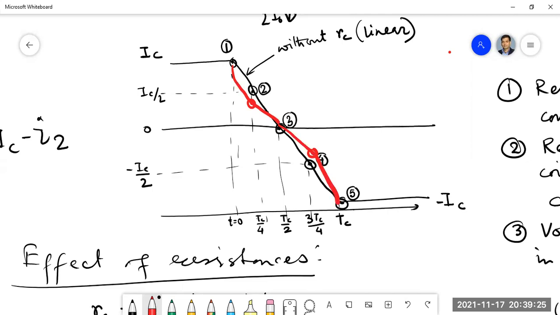Understood? So it is a totally non-linear nature. This is called the resistance commutation. Without considering RC, the commutation we were getting is called linear commutation. But if we consider the coil resistance RC, we won't get a linear commutation. The profile that we are getting is called the resistance commutation. Okay?